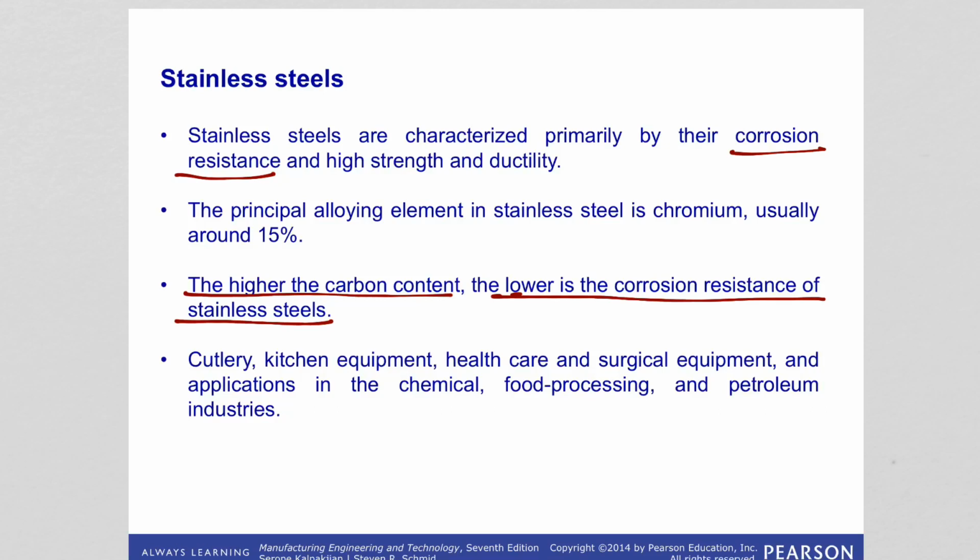The oxide layer slows down this diffusion, and therefore prevents further corrosion. So where do we use stainless steel? In kitchen equipment, healthcare, surgical equipment, etc.